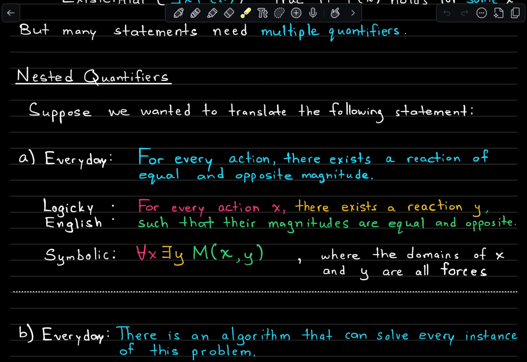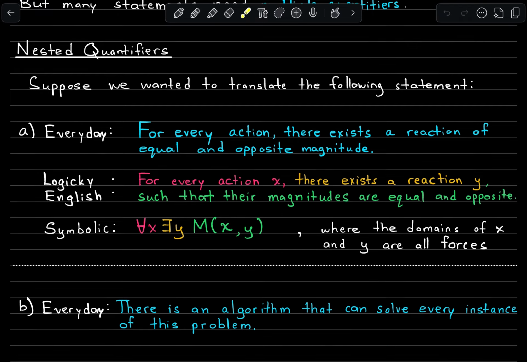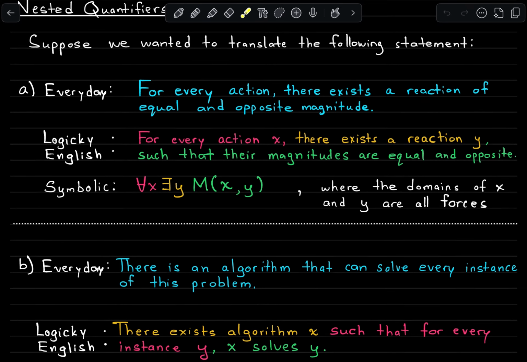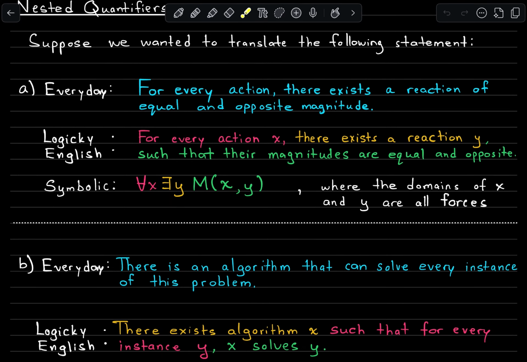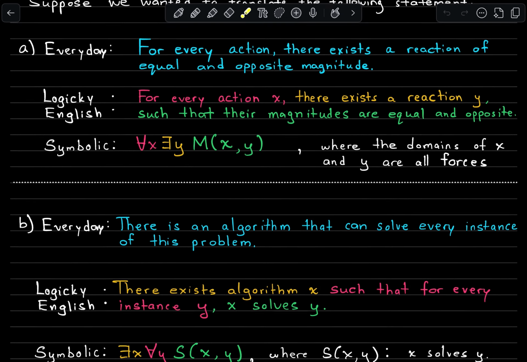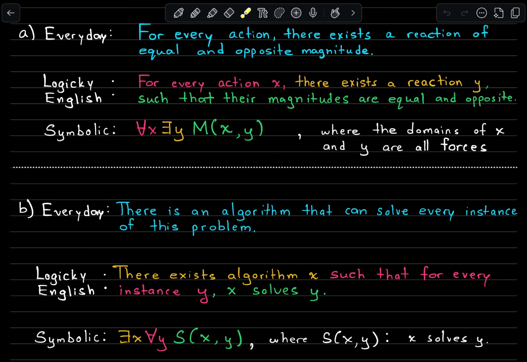Let's look at example B. There is an algorithm that can solve every instance of this problem. Okay, so some problem that we have out there. Translate this to your logic English. There exists an algorithm x such that for every instance y, x solves y. So this time we're going to start off with the existential quantifier for the algorithm.